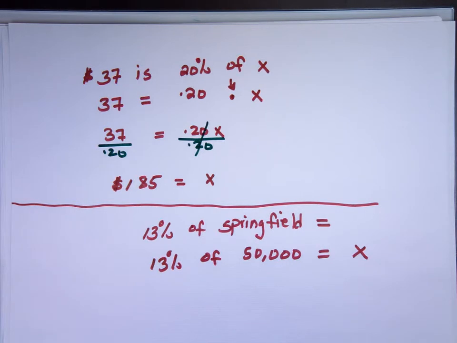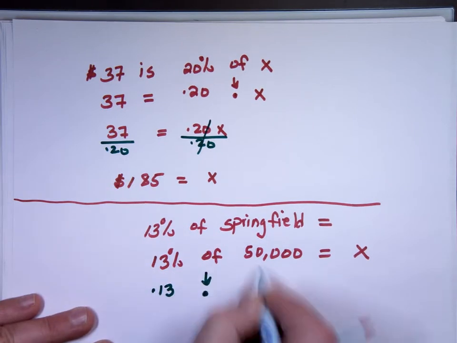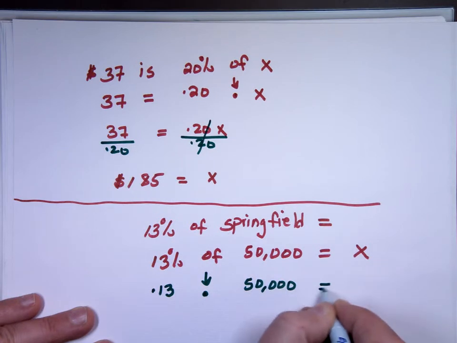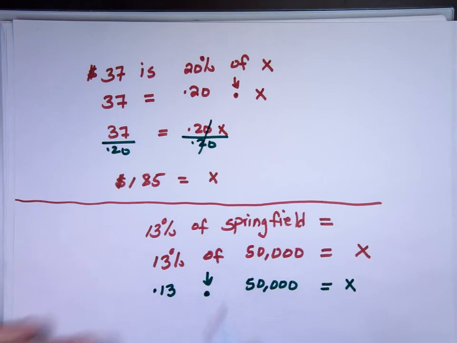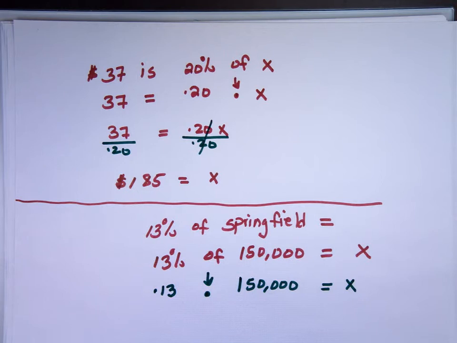13% of 50,000 is what? 13%, 0.13, of means multiply, and this is 50,000. Googled it? Yeah, it says 153,000.